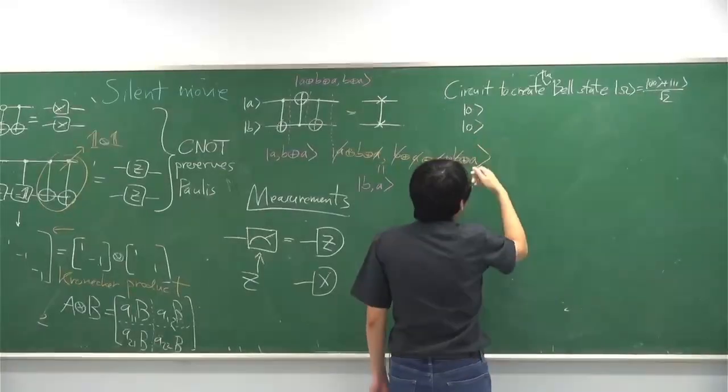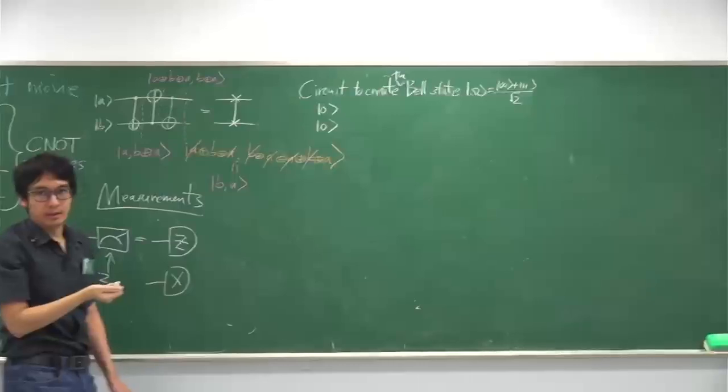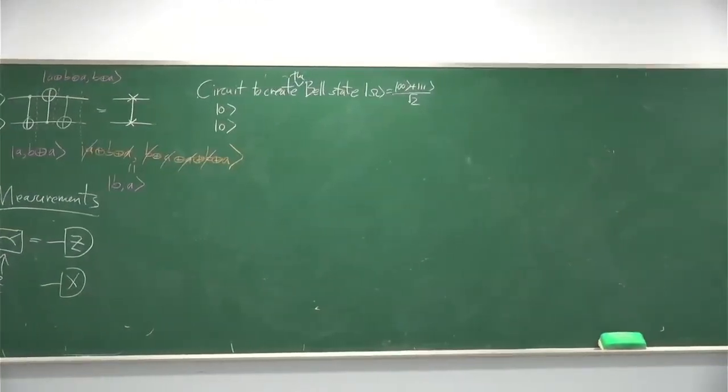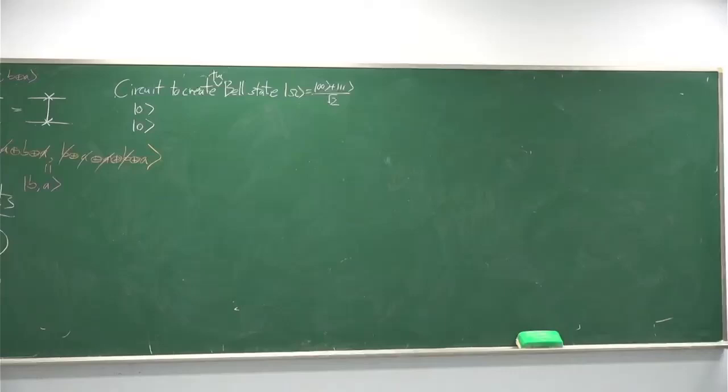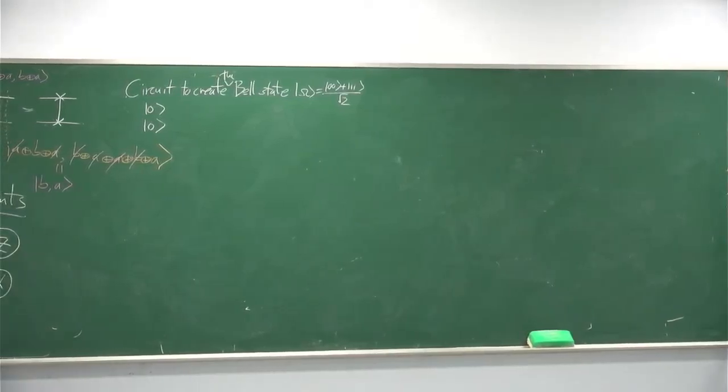So usually the convention for writing a circuit is that you start your computation in the computational basis, 0 or 1, usually you can just set it to 0. And for quantum computation, this convention is there to prevent you from hiding the computational power in the state at the beginning.